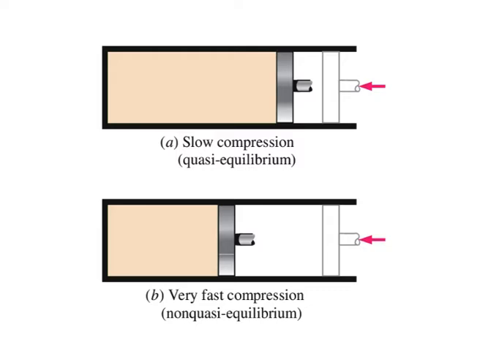It should be pointed out that a quasi-equilibrium process is an idealized process and is not a true representation of an actual process, but many actual processes closely approximate it, and they can be modeled as quasi-equilibrium with negligible error.